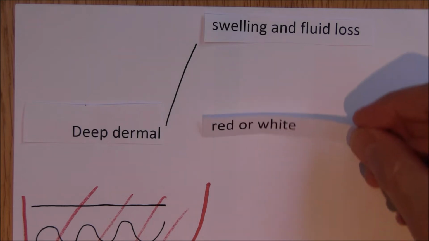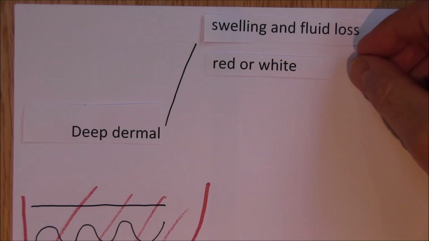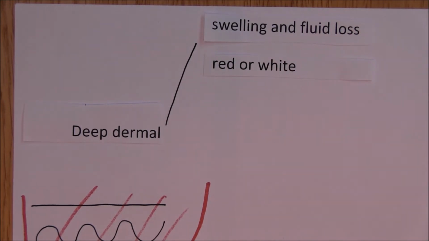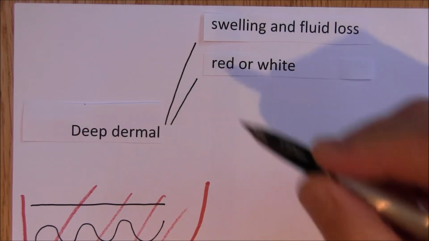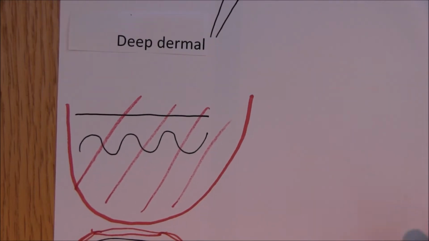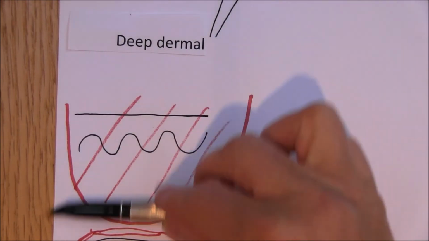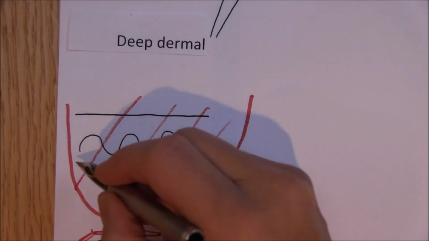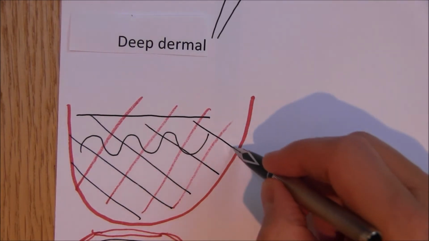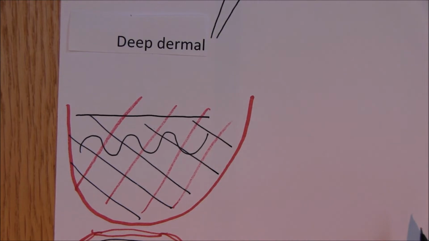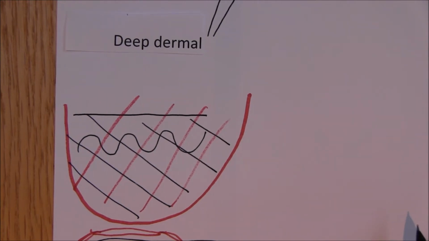Now, appearance-wise, these can be red, but often they're white in colour. And the reason for that is all this tissue on top has been burnt. This is all now dead and devascularized. And the devascularized tissue often appears white.